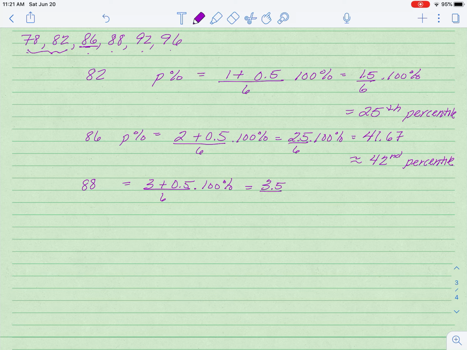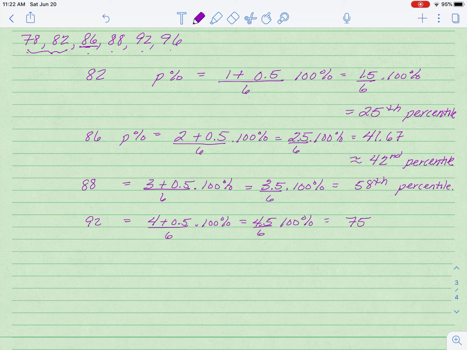So we have 3.5 divided by 6 times 100%. And that's 58.33, so this is going to be the 58th percentile. And 92, there are 4 numbers now. Divided by 6 times 100.